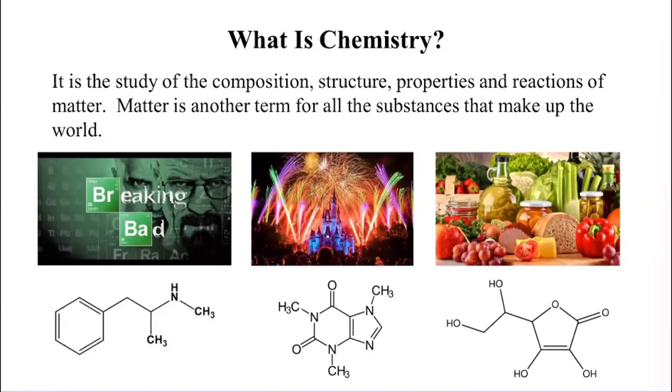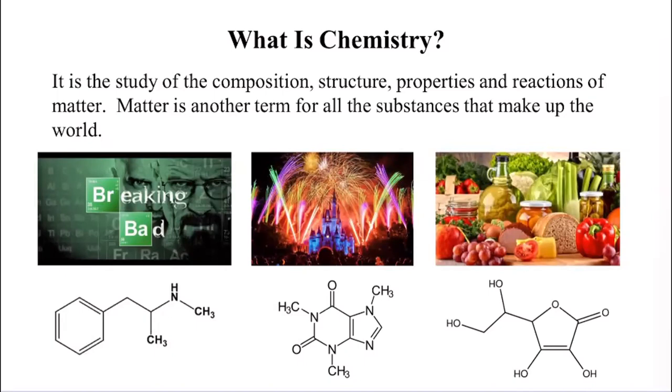Understand that the colors in the fireworks actually come from ions, and we're going to learn about ions in this class. The different elements in the periodic table form charged species that are called ions, and that's what gives the different colors for the fireworks. So you can see elements at work when we see a firework display.